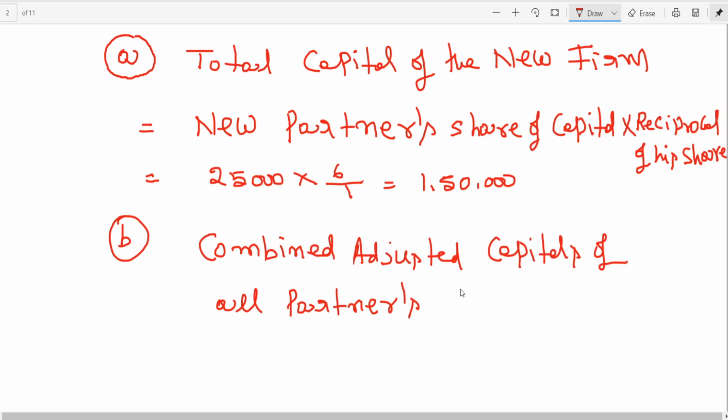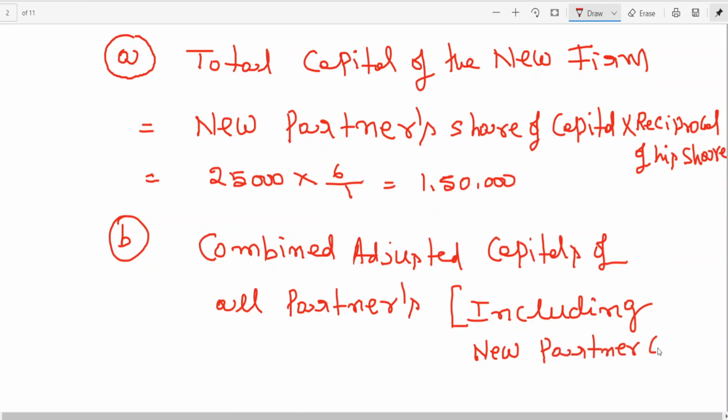Here, combined adjusted capital of all partners means including new partner capital plus undistributed profit.